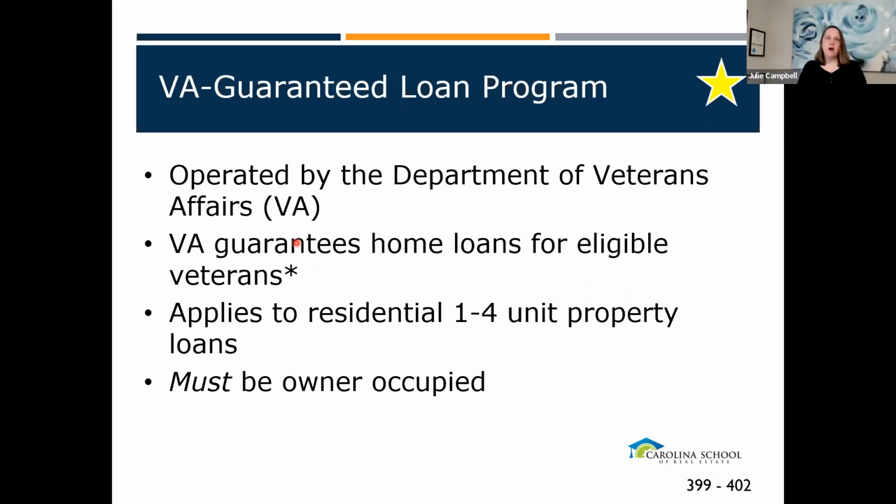Again, the VA does not guarantee the loan. The VA does not guarantee the loan amount, the interest rates, the terms. They don't tell the lender what to do. The VA guarantees the lender in the event of the borrower's default. The VA offers a safety net to the lender in the event of the borrower's default.